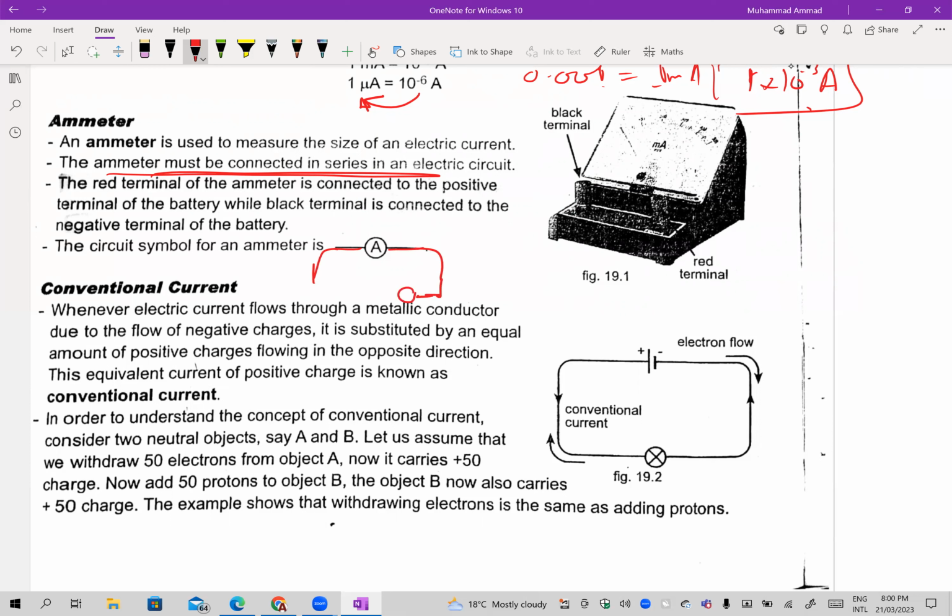You can have a bulb in the circuit, you can have a resistor in the circuit, you can have a battery or a cell in the circuit, right? This is called a series circuit. We're going to be discussing these parallel and series circuits in detail in the upcoming lectures. But for now, just know that an ammeter is connected in series.